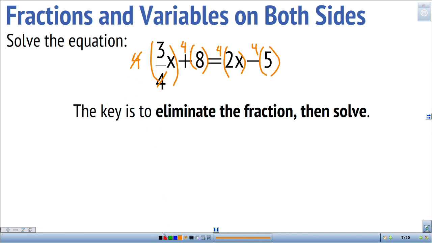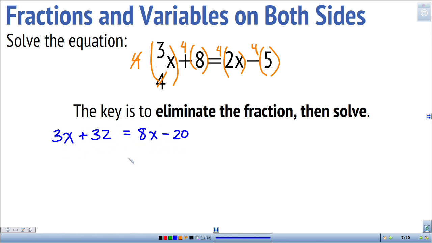So I'm left with 3x plus 4 times 8, which is 32, is equal to 4 times 2x, so that's 8x, minus 4 times 5, so that's minus 20. So you see now we have an equation without a fraction that has variables on both sides.